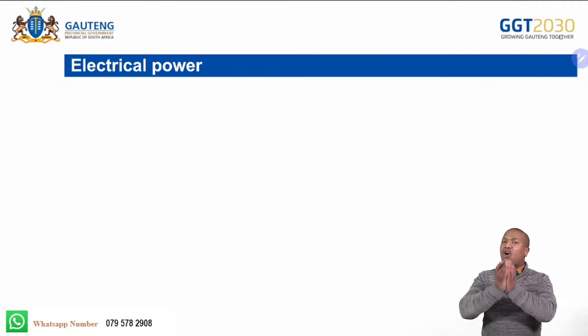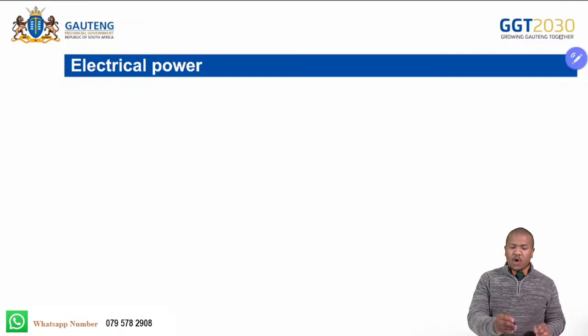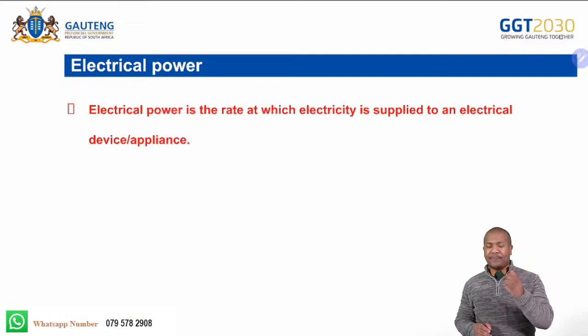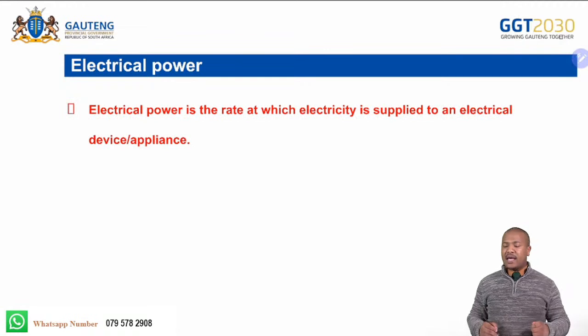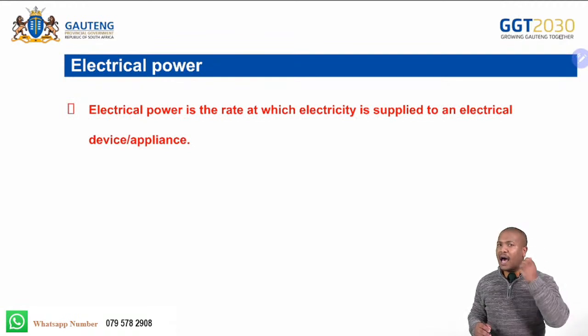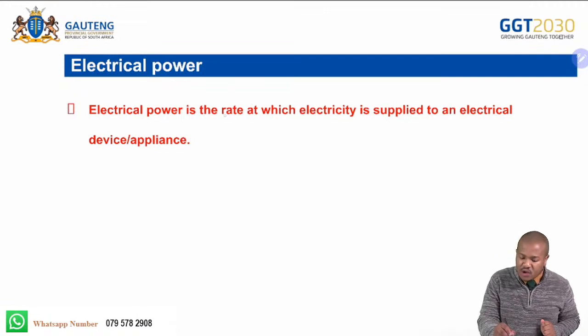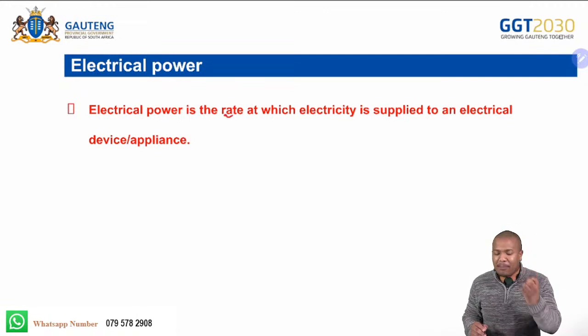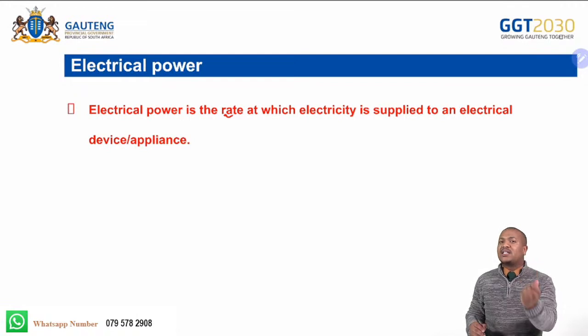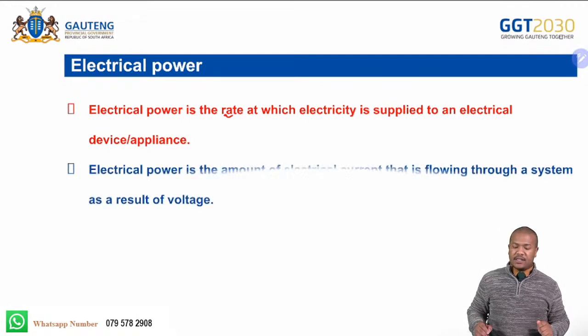Different amounts of power. So we said that electrical power is the rate at which electricity is supplied to an electric device and also an appliance, right? It is the rate or the speed at which it is supplied to a certain electrical device or appliance.